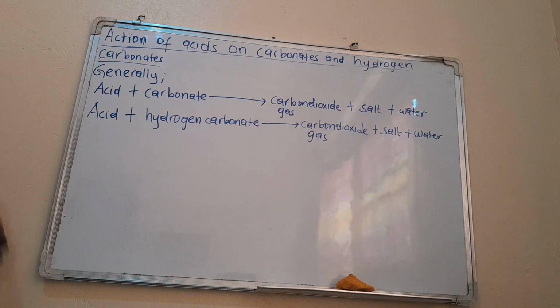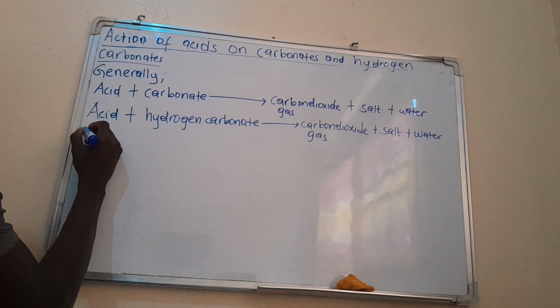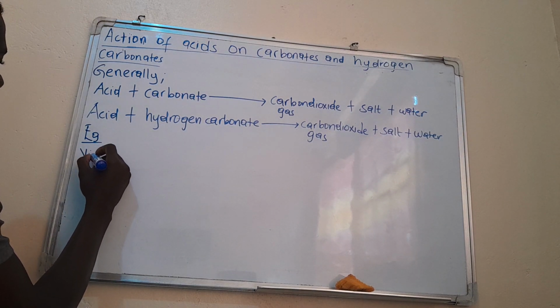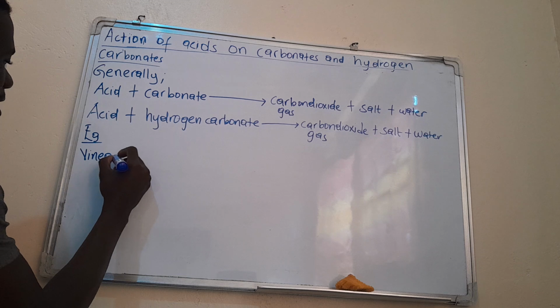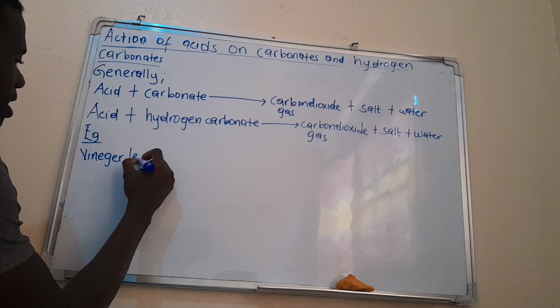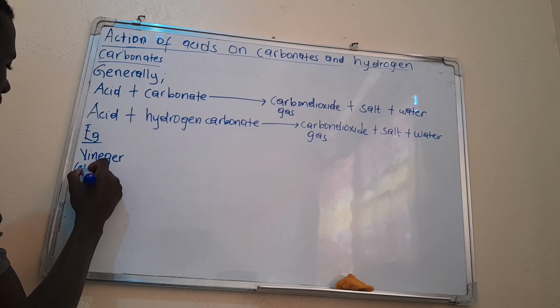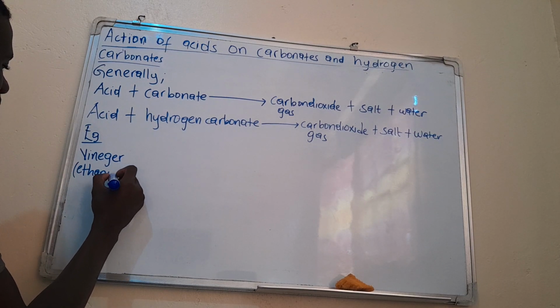So we are going to take an example, the common one which we used during the previous discussion, the one dealing with vinegar and baking soda. We have vinegar. I told you that vinegar consists of ethanoic acid.